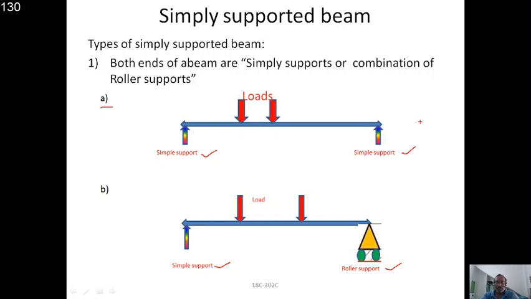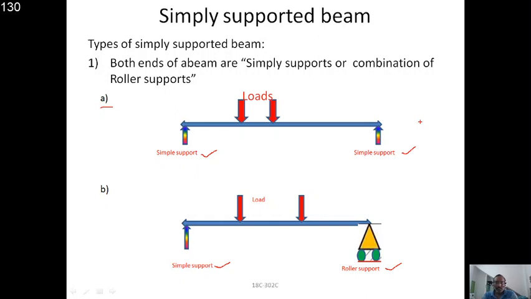The roller support cannot resist a horizontal load. It can move when a horizontal or parallel load is applied on it. Similarly, for the simple support also, if we put a horizontal or parallel load, it will move.